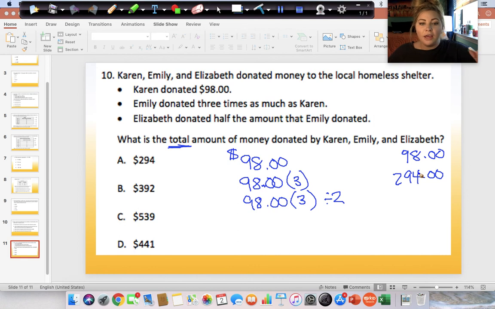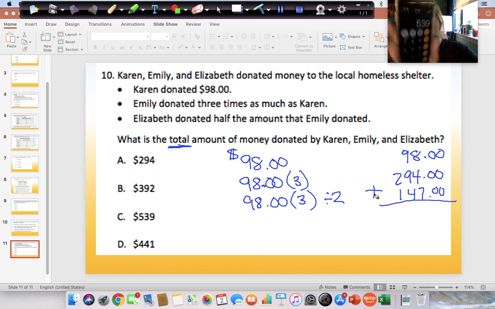Go Emily. Okay, and then 294 divided by 2, because Elizabeth donated half of what Emily donated. That was 147. Once we have all these amounts, we will add them all together, and you should get 539. That's what they donated all together.